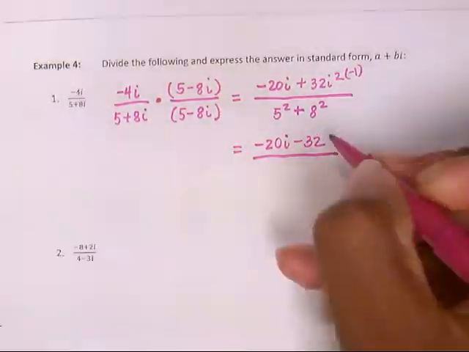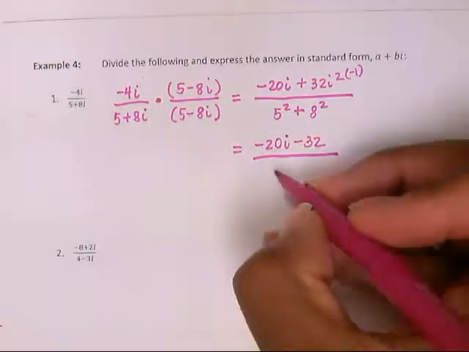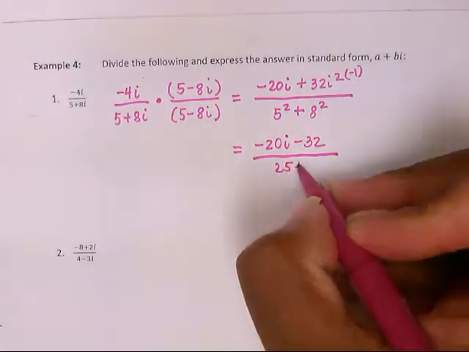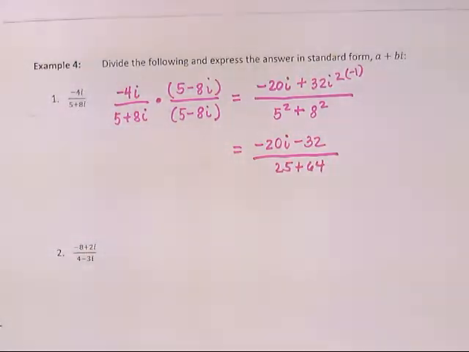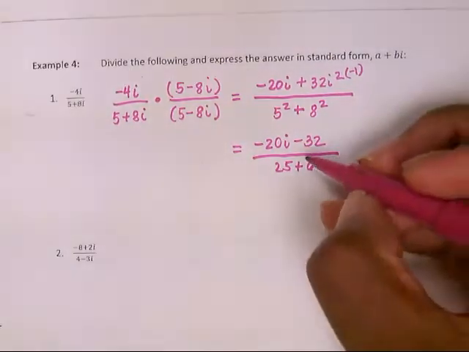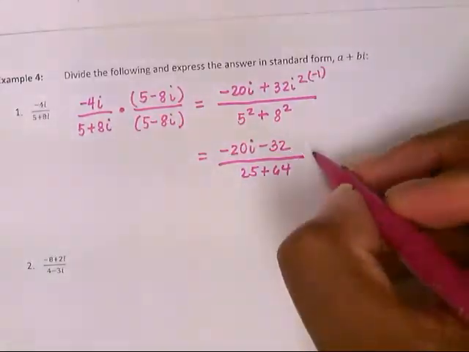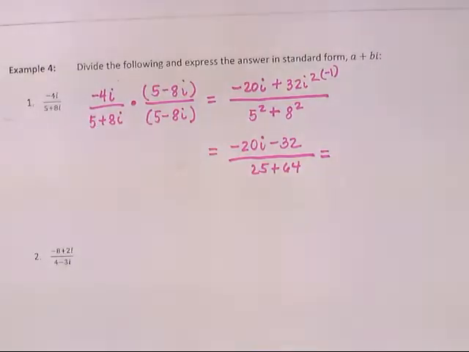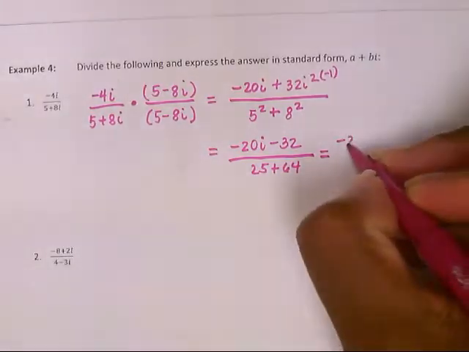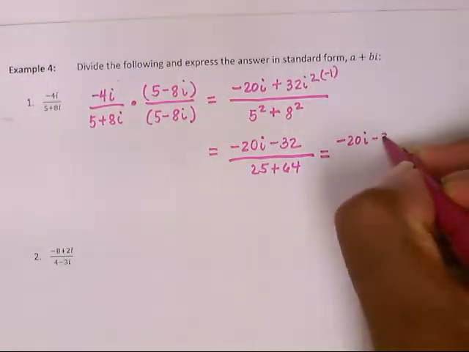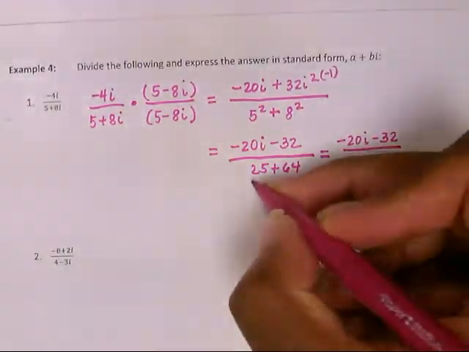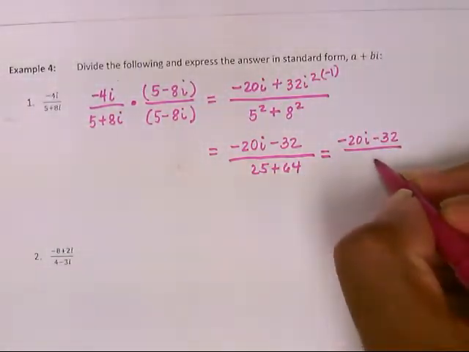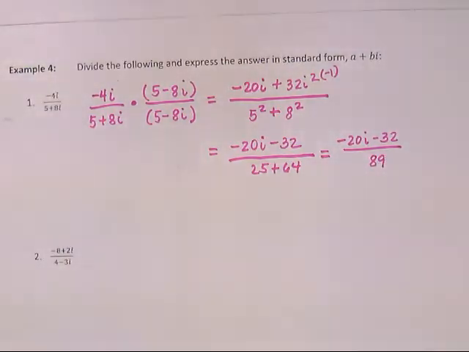All divided by 5 squared will be 25 plus 8 squared will be 64. So in this case here, we're going to have negative 20i minus 32 all over 25 plus 64 will be 89.